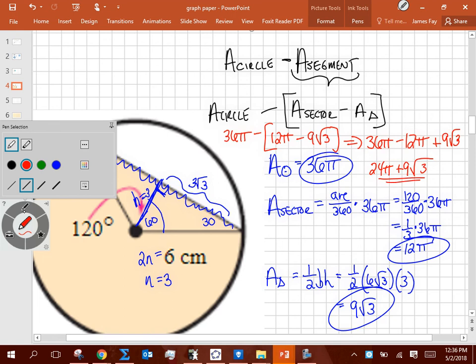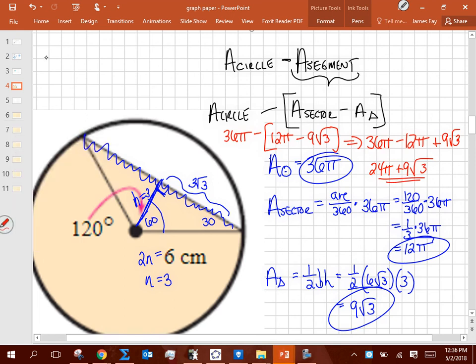So you're saying what would a general formula for this look like? It would be pi r squared minus, okay, arc over 360 times pi r squared minus 1/2 BH, which ends up being pi r squared minus the arc over 360 times pi r squared plus 1/2 BH.